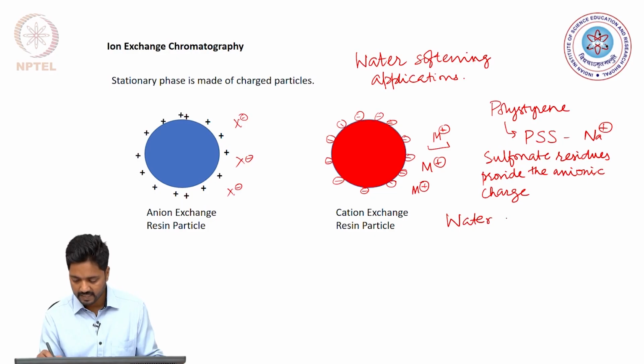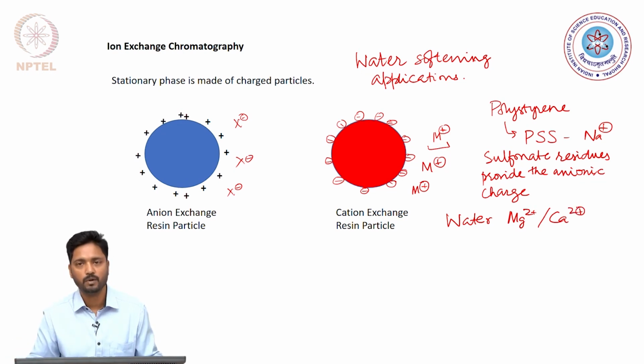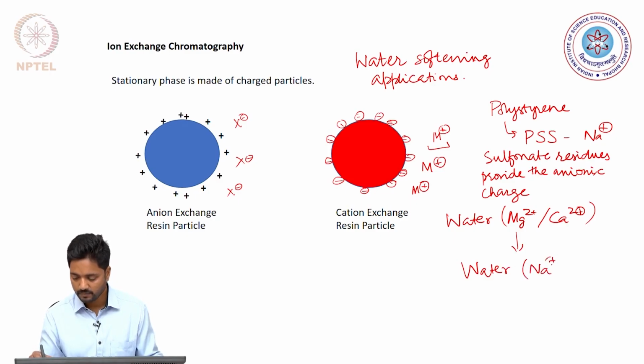that contains magnesium or calcium ions, which are often the source of the hardness because they can form the corresponding carbonates. The magnesium or calcium ions in water is exchanged in the column with the sodium ions, and this results in the softening of the water.